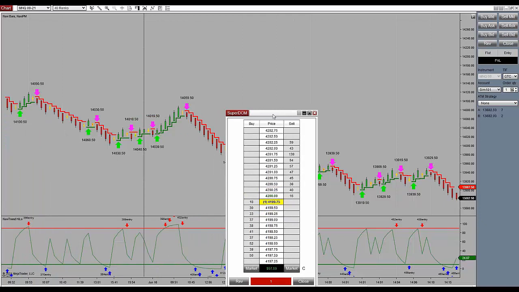Here's the actual live trade short on the MES, the E-mini micro future contract.